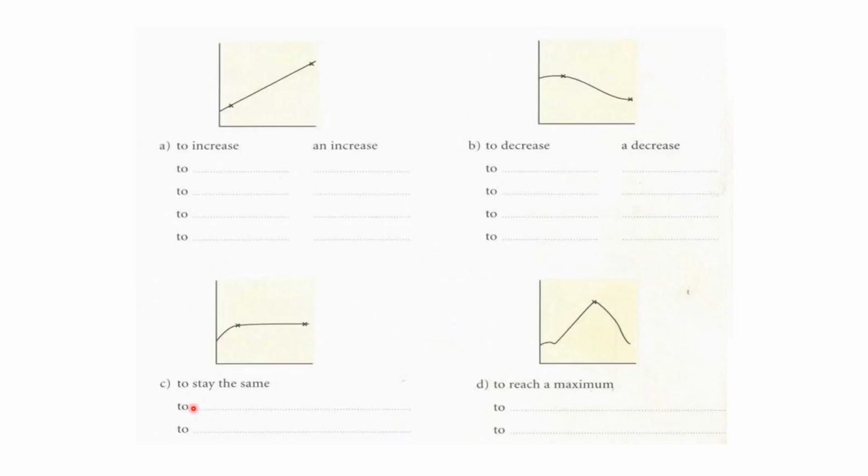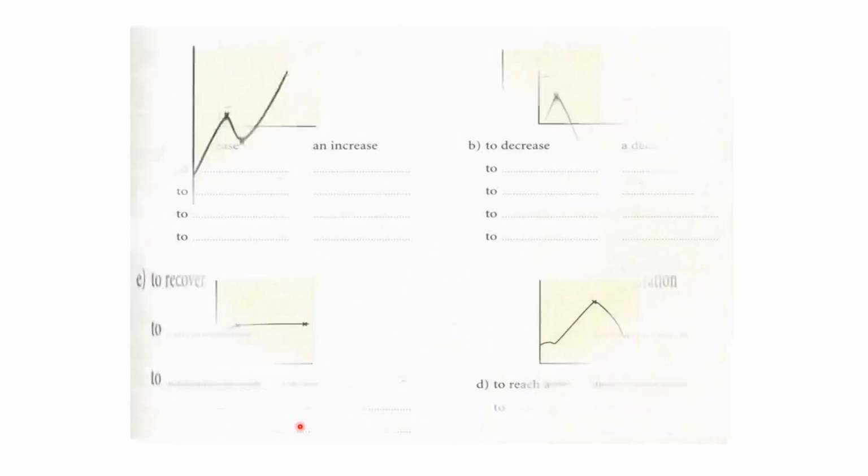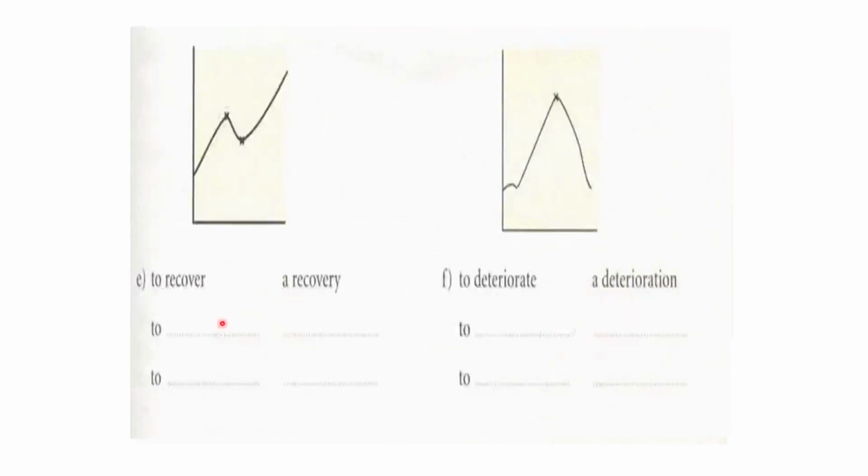To remain steady. Then the situation shows an increase first, then flat here, so we can say a level off. And then D here, to reach a maximum, to peak or a peak. Okay, and then the next one, to recover, recovery, to get better.